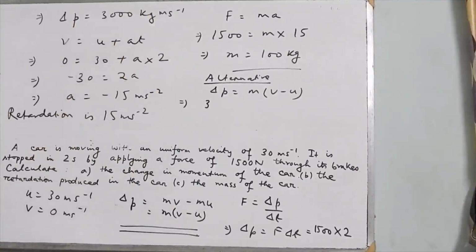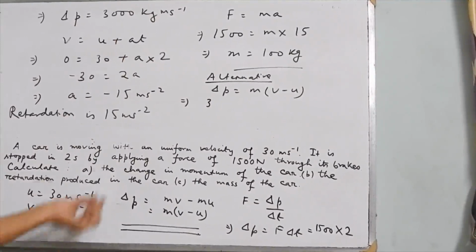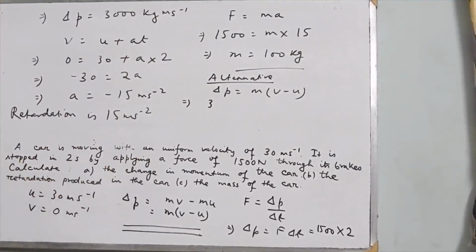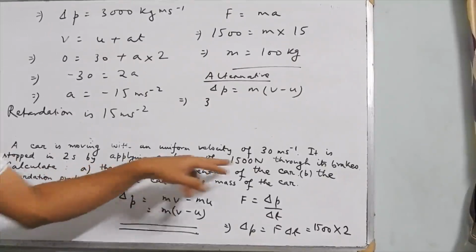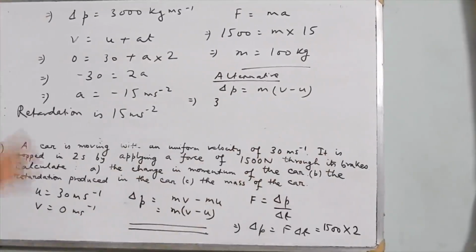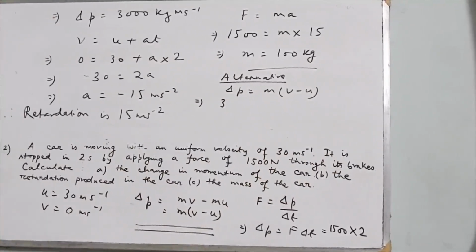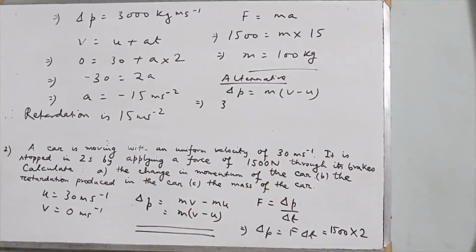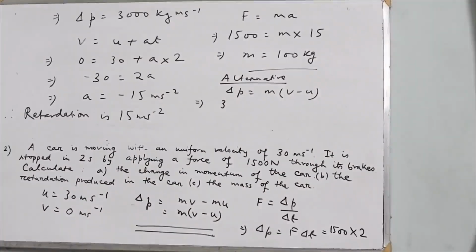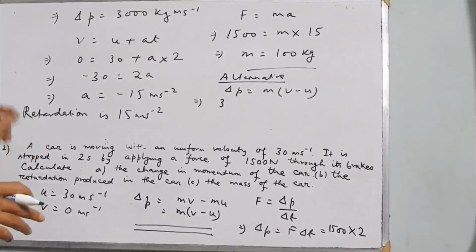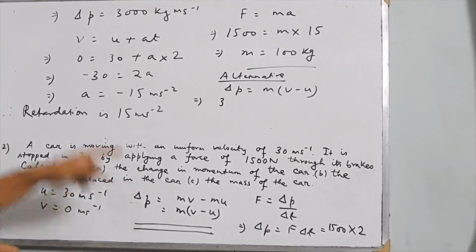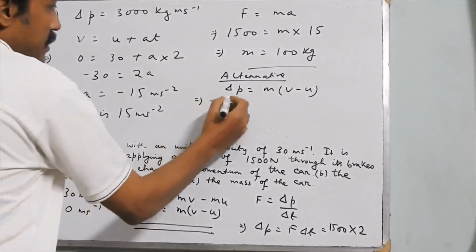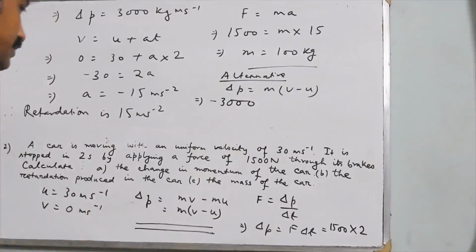Now in this case there might be a problem with the positive and the negative sign, but because the force is applied to the brakes, that means the vehicle is stopping, which means the braking force is opposite to the direction of the motion of the car, and so the change in momentum should be negative. So the change in momentum should be taken as minus 3000.